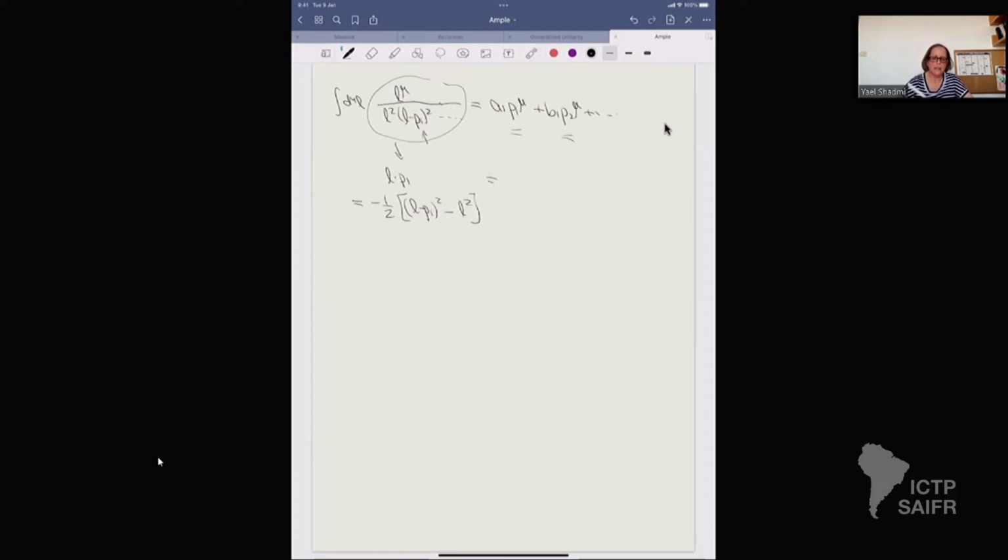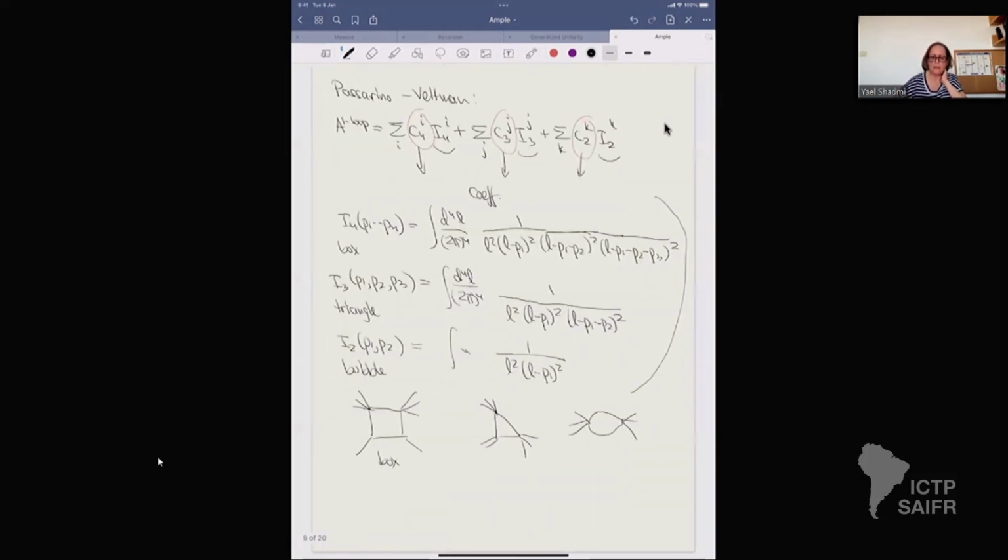And then in this case, one propagator is going to drop out, and in this case, another propagator is going to drop out, either this factor or this factor, and we'll end up with a scalar integral on the left. And on the right-hand side, we just get B1 times P1 dot P2, and so on and so forth. And so we can reduce the integrals to a bunch of scalar integrals like this. So this is the thing that we're going to use.